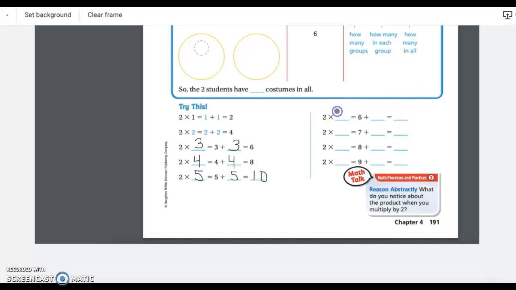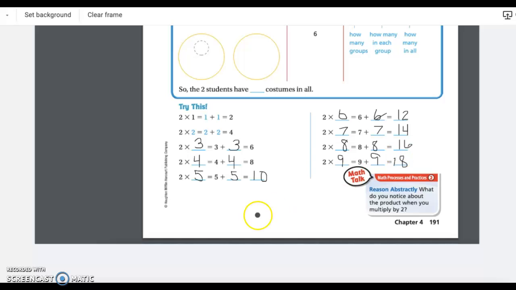Okay, keep on rolling. 2 times 6 is equal to 6 plus 6, which is equal to 12. 2 times 7 is equal to 7 plus 7, which is equal to a total of 14. 2 times 8 is equal to 8 plus 8, doubling that number, which is equal to 16. 2 times 9 is equal to 9 plus 9, which is equal to 18.